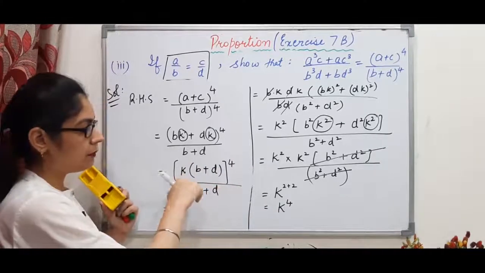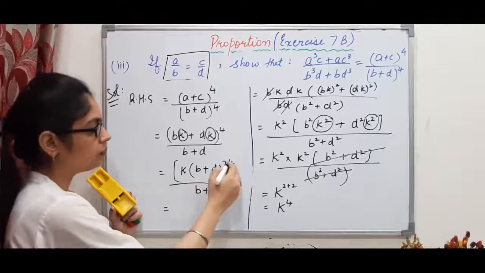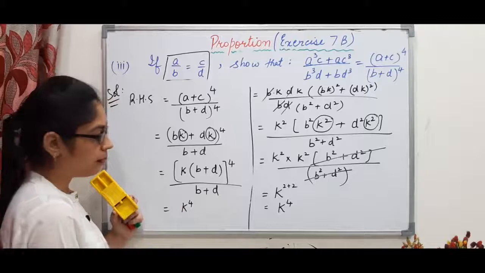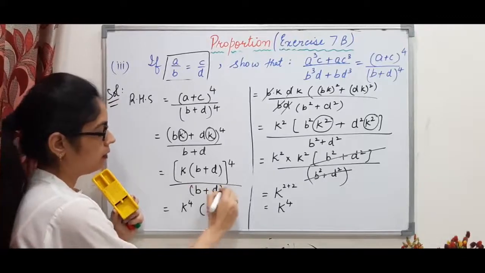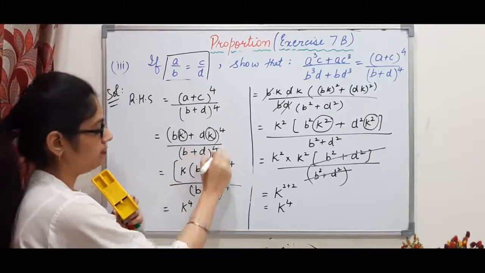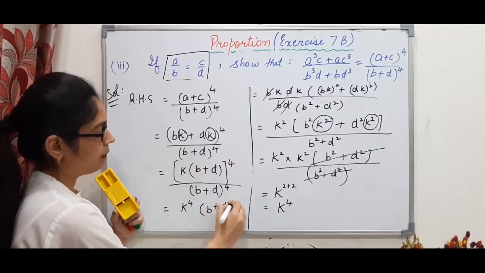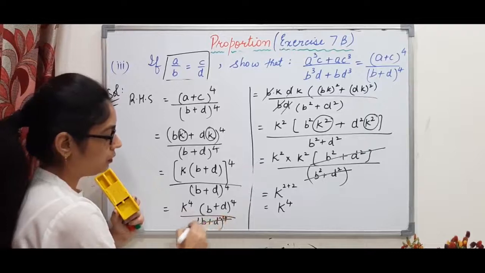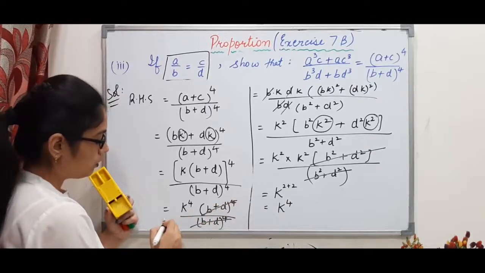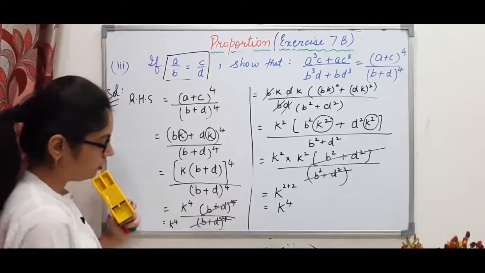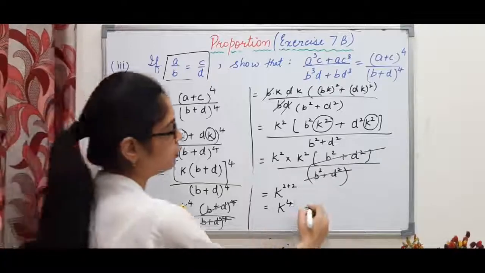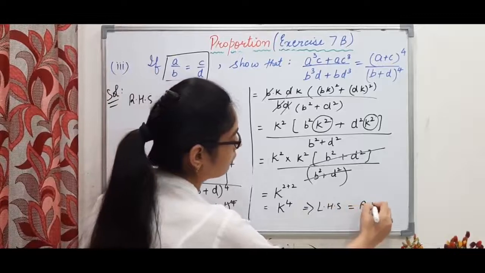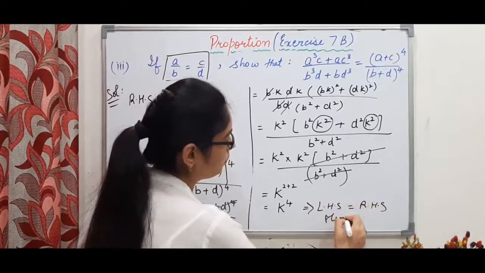Now here k and b plus d are getting multiplied, so this 4 I will just write separately with k also, k to the power 4, and here power 4 is there. So b plus d whole power 4. In denominator also b plus d whole power 4. So this and this will get cancelled. So our right hand side is also equal to k to the power 4. So which is equal to left hand side, we can say left hand side is equal to right hand side, hence proved.